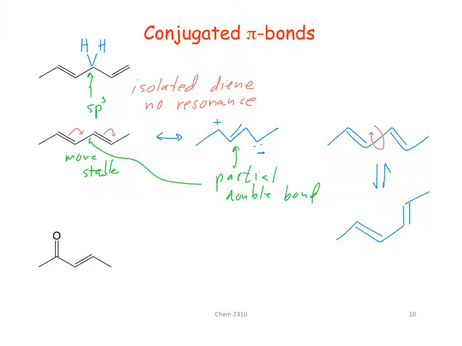And so this is very slow. It doesn't really happen as easily as my arrows would show. And so we have two different forms. This one is usually called an S-trans, and this is called an S-cis. And this will play a role in a reaction that we talk about at the end of this chapter.